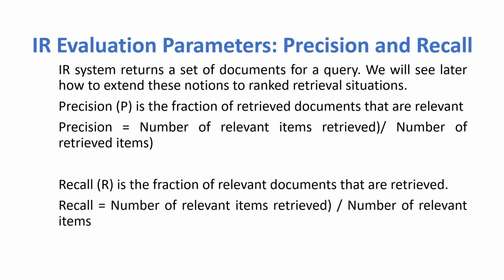The number of relevant items. Out of the web pages that are present in the index database, 70 web pages are relevant. So those 10 web pages are missed out. They did not show up in the numerator. That is what the denominator of recall is speaking about: the number of relevant items actually present in the index database that did not get retrieved by the information retrieval system.